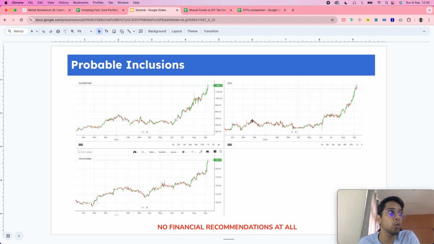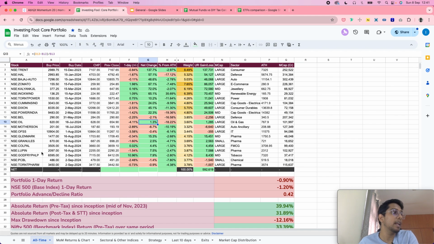If this were to actually become true at the next rebalancing, then we would have like 7 pharma stocks. We already have Torrent Pharma, Lupin, Granules, and Glenmark. So we have 4 pharma stocks already in the portfolio, and if 3 other pharma stocks get added, then almost 7, right?